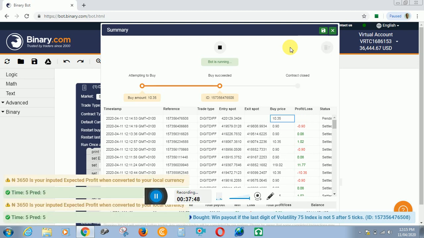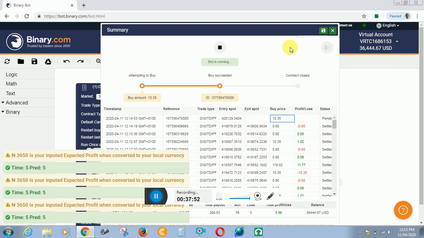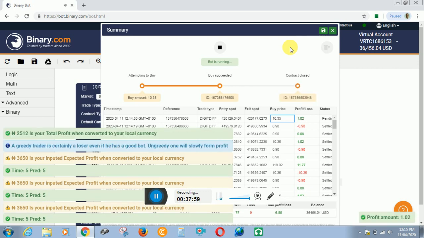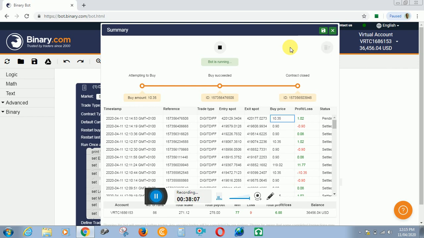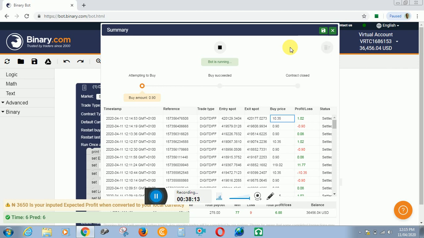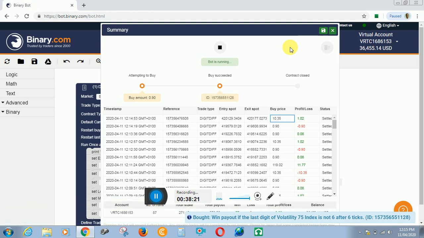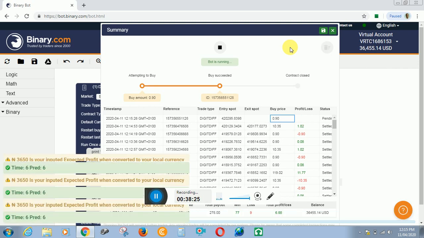We have 7.04 USD now, and we're still running it. The bot is still running. So we have a win again, which is like up to 80 wins, 9 losses, with a balance of $7.12 in USD.